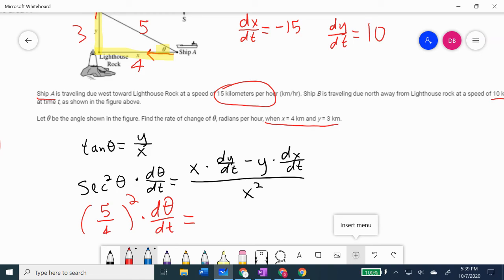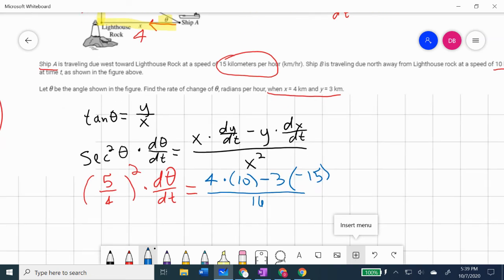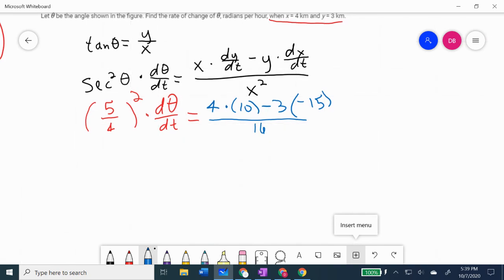On the other side of the equation, I have x is equal to 4. And dy/dt is 10 minus y is 3 at that time. dx/dt is negative 15. And then 4 squared would be 16. And then it's just a matter of cleaning up this lovely thing.